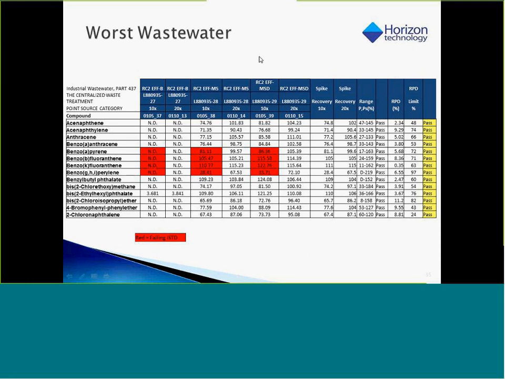Our worst wastewater is shown here, and you can see they had to do an additional dilution of 20x in order to get the internal standard to pass. The recovery and the relative percent difference were excellent for the matrix spike and the matrix spike duplicate.